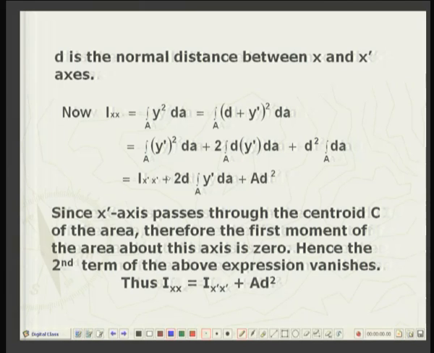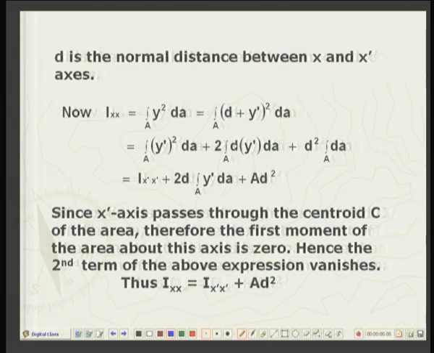Now, I can easily recognize two of the terms. This will be Ix dash, that is the second moment in the old coordinate system about x dash axis, and this last term is, of course, d square being constant, times the area of the given figure. So, capital A times d square. Now, the middle term, 2 into d, d being constant taken out, into the y dash area integral. Now, this quantity is known to us. Why?